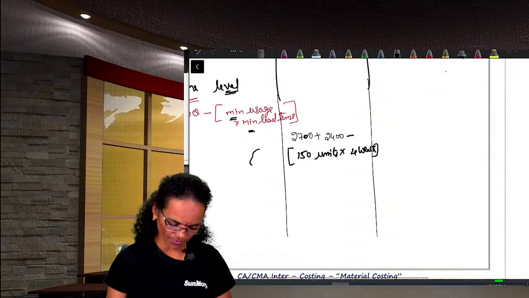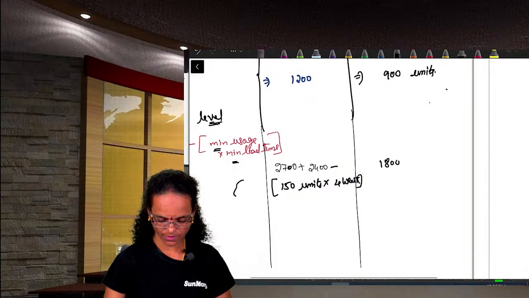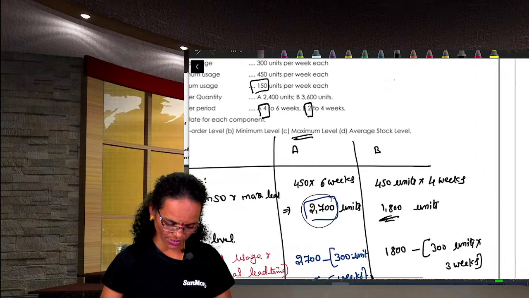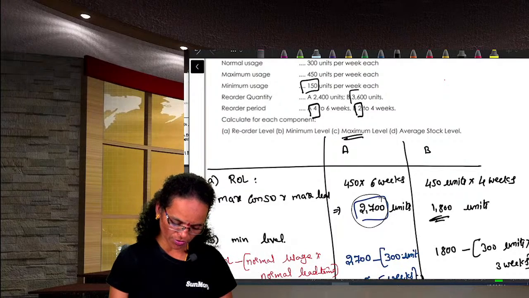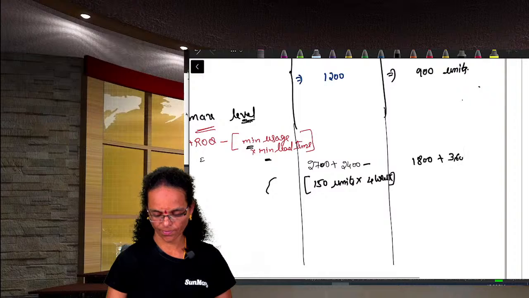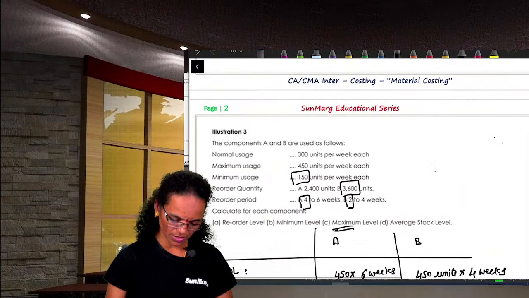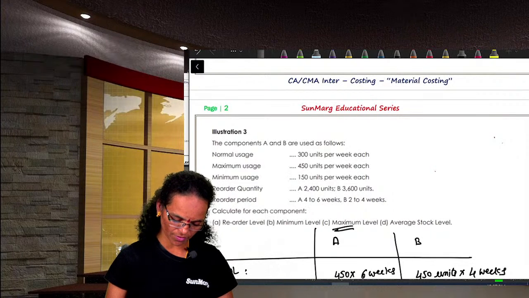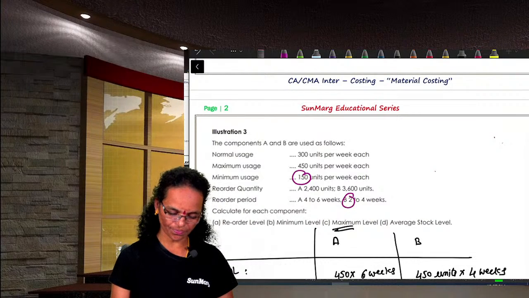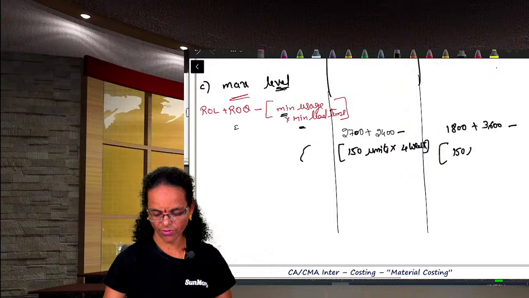reorder level 1800 plus reorder quantity for B, 3600 units, minus minimum usage 150 units into 2 weeks.